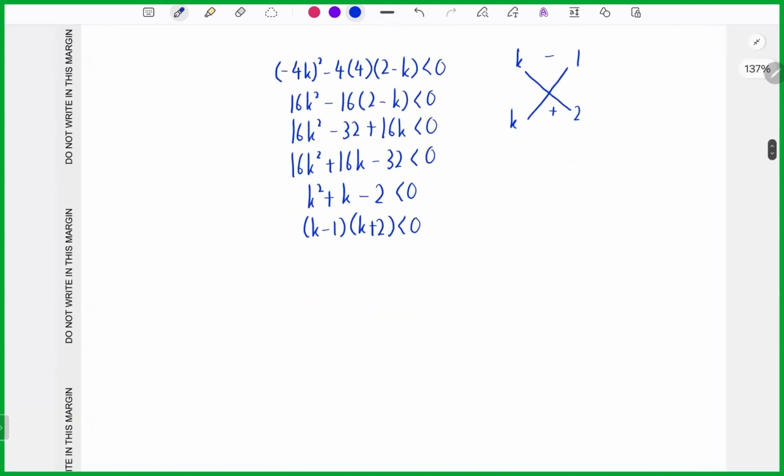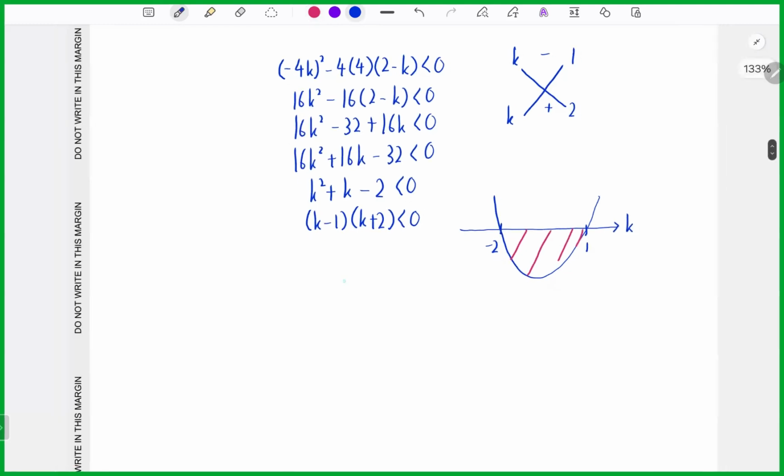So you can use your graphical method to solve the quadratic inequality. So here you will get negative 2, here is 1. Make sure to label the variable k, because now it is less than 0, right? So we should label here. Okay, so you will get the answer k between negative 2 and 1. Okay, so this is your answer.